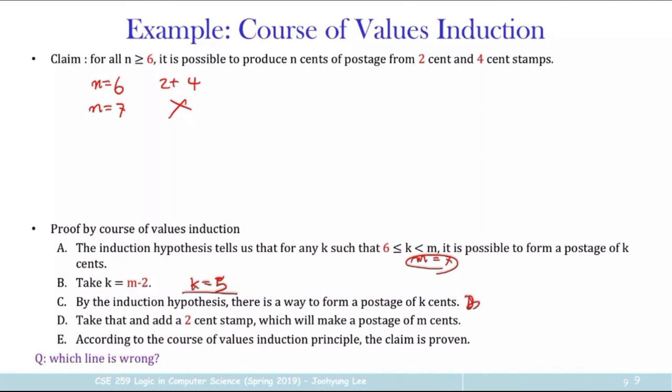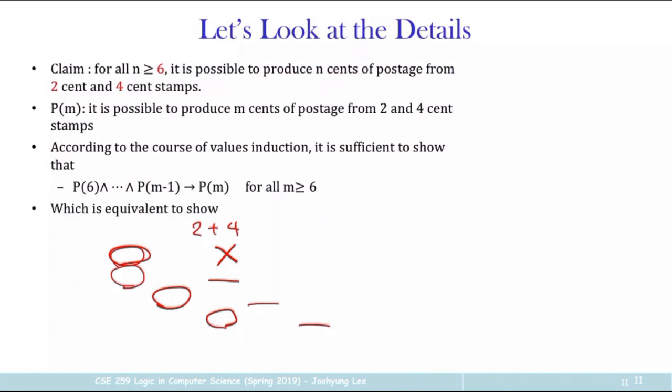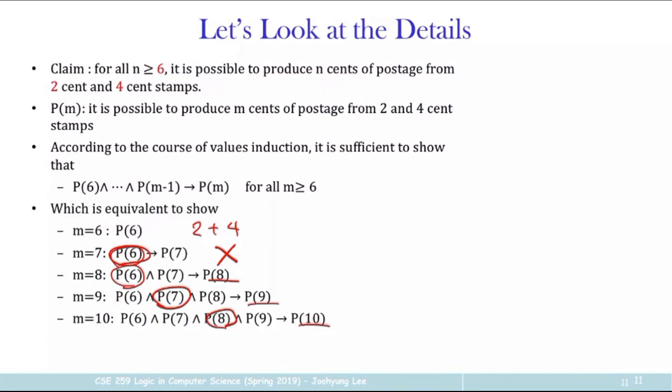The C does not say that you can create a postage of 5 cents. The induction hypothesis does not cover the case when K equals 5 because it starts from 6. Okay, so going back to this thing, the induction hypothesis starting from 6 doesn't have P of 5.